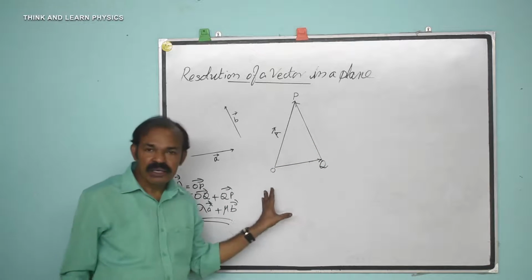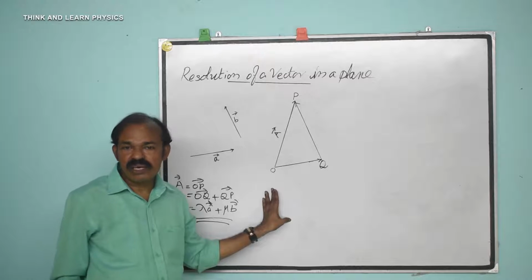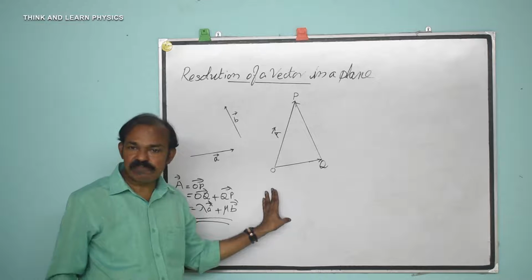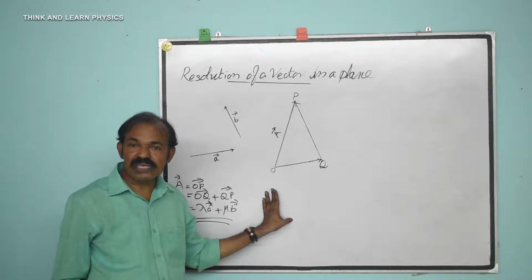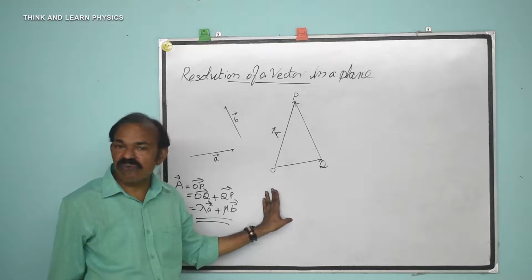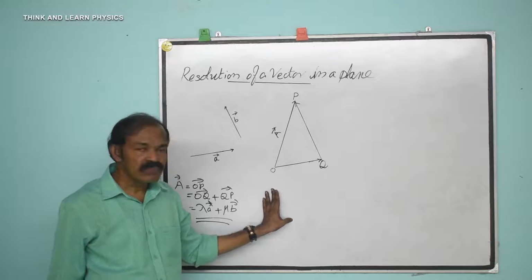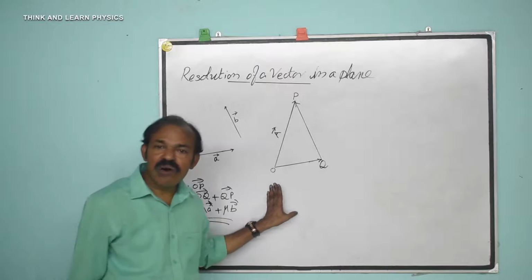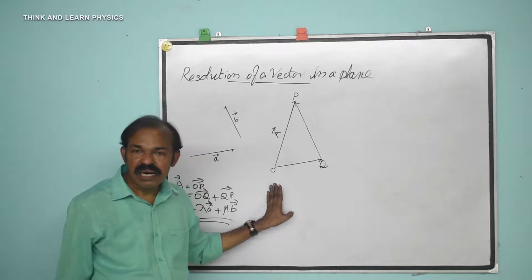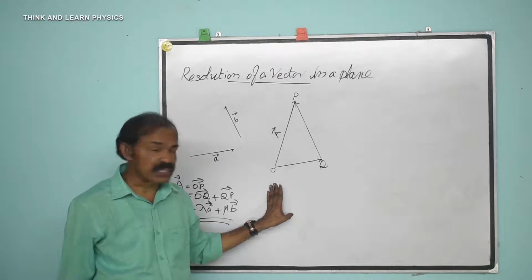Now, it will be convenient if we express a vector in a plane or space in terms of unit vectors in the directions of the rectangular coordinates OX, OY and OZ respectively. We take the unit vectors along OX, OY and OZ as i cap, j cap and k cap respectively.